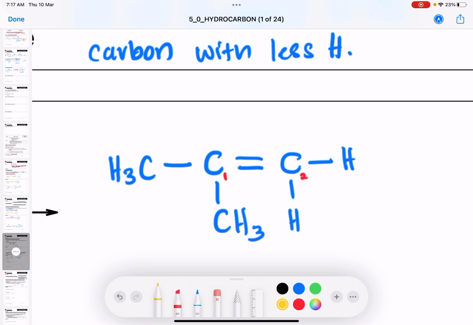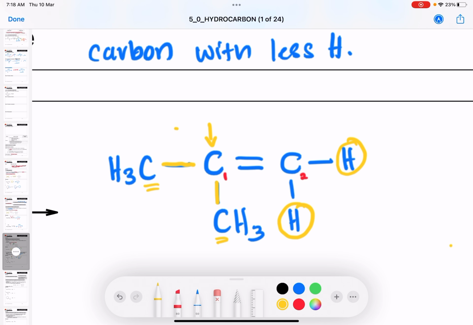Now, for the first carbon or C1, as you can see, we only have carbon, this carbon that is directly attached to carbon number 1. But if we look at carbon number 2, as you can see, we have H and another H bonded directly to carbon number 2.